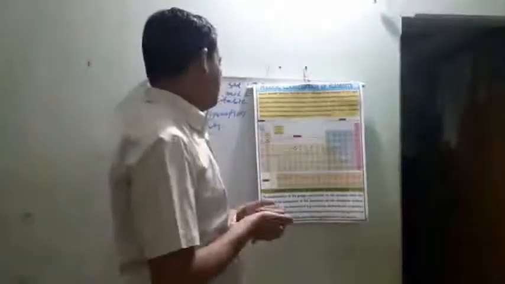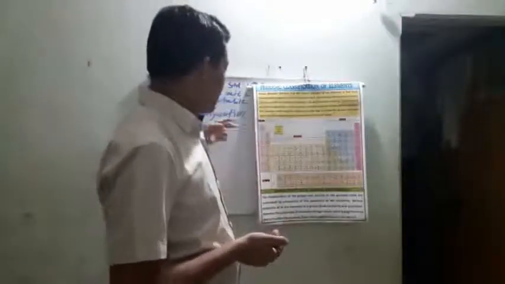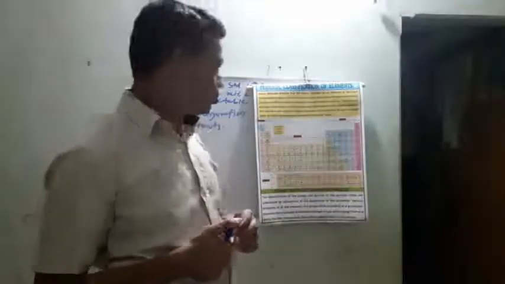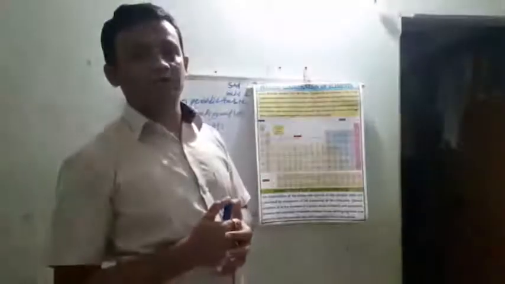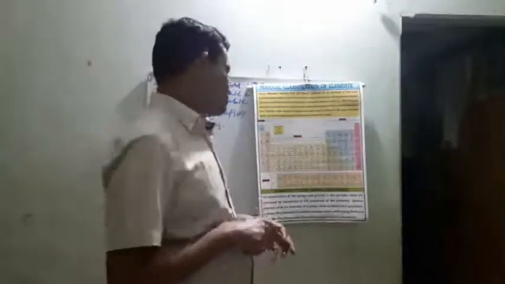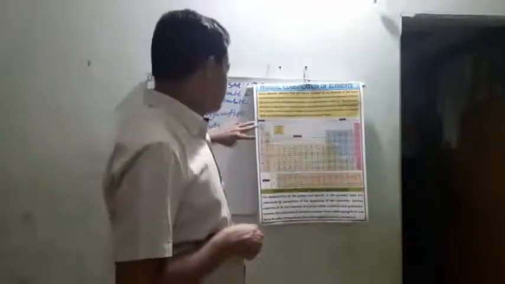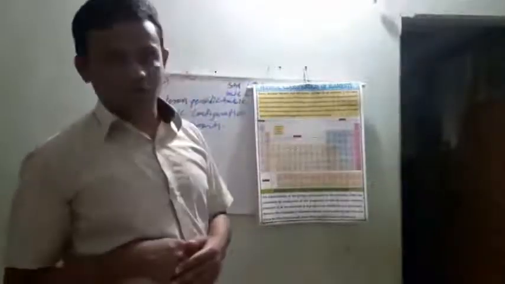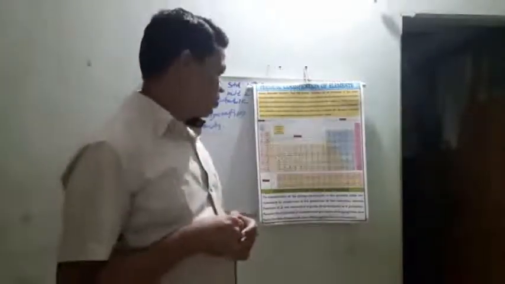Before we start this point, you must know the elements present in the first two groups and three periods. At least you should know the names of these elements and their atomic numbers. You must remember the names of the elements present in these first three periods and first two groups, which are very important.